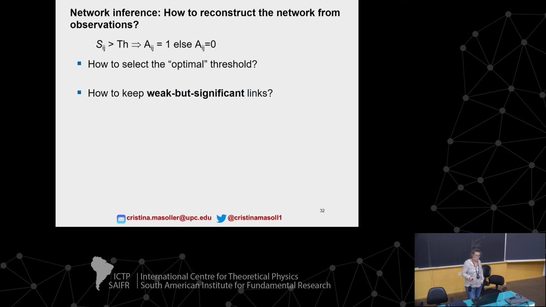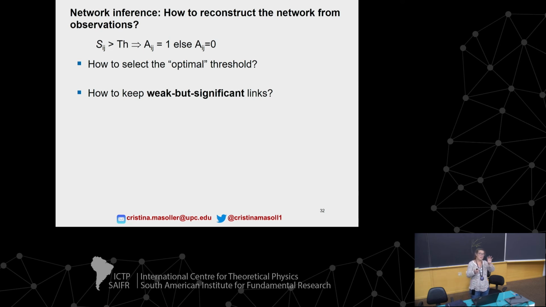But we also want to keep weak but significant links. If you use a very high threshold, you're removing a lot of things that can be significant. This is a problem, for example, with spatial networks, because points that are nearby will be highly correlated, but you don't want these trivial connections.